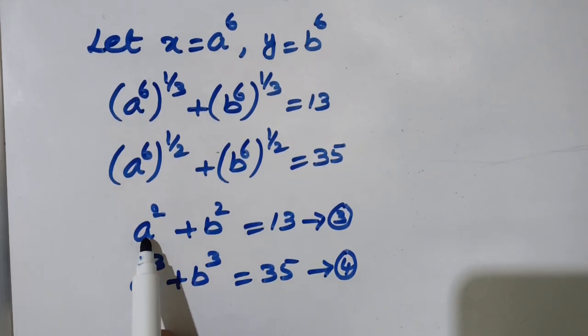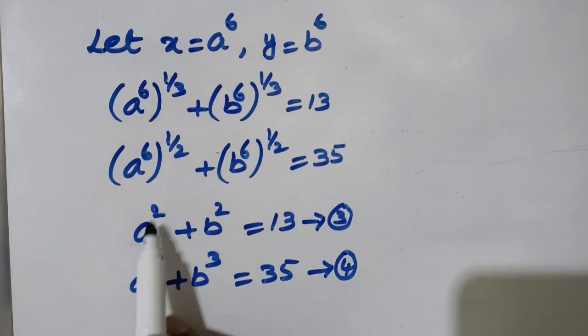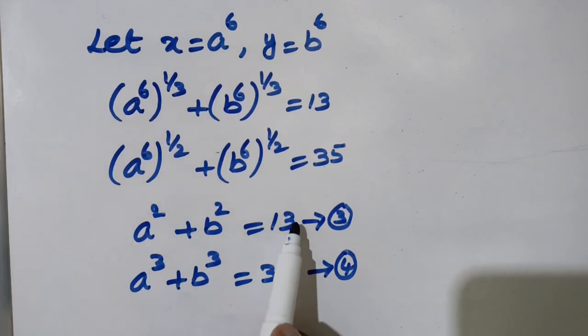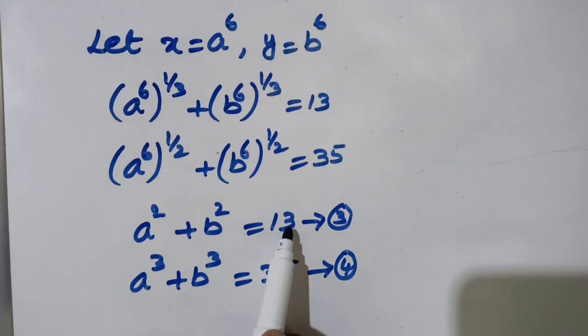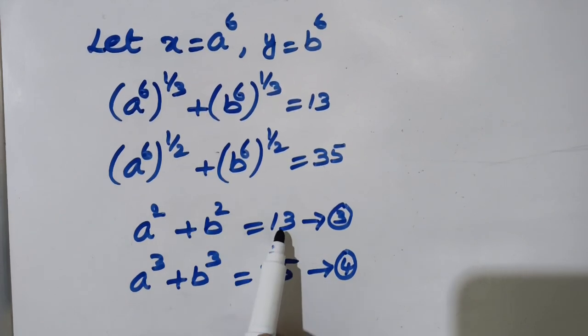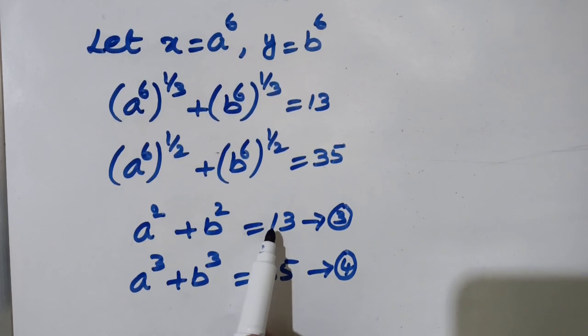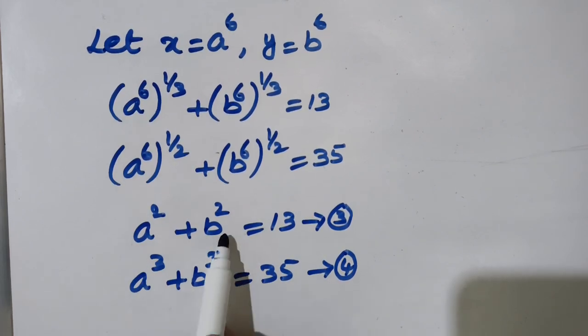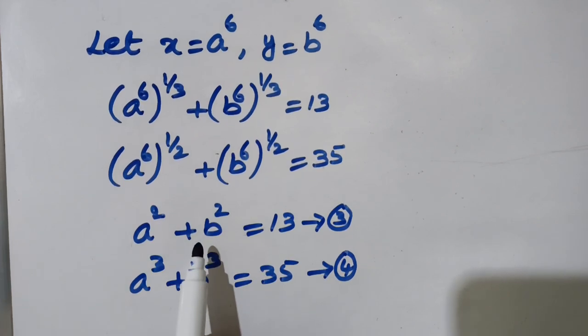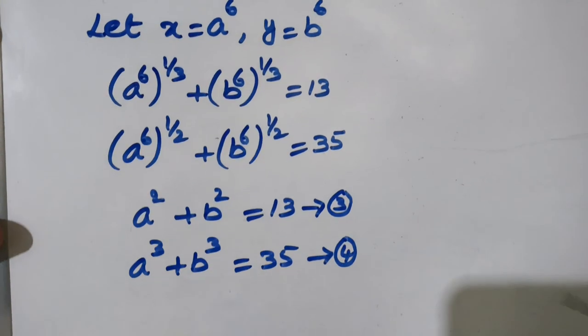If a is equal to 2, 2 square is 4. When 4 is subtracted from 13, I get 9. B square is 9, so b is plus or minus 3. So for a is equal to 2, I am getting integral values for b. This is useful for me.